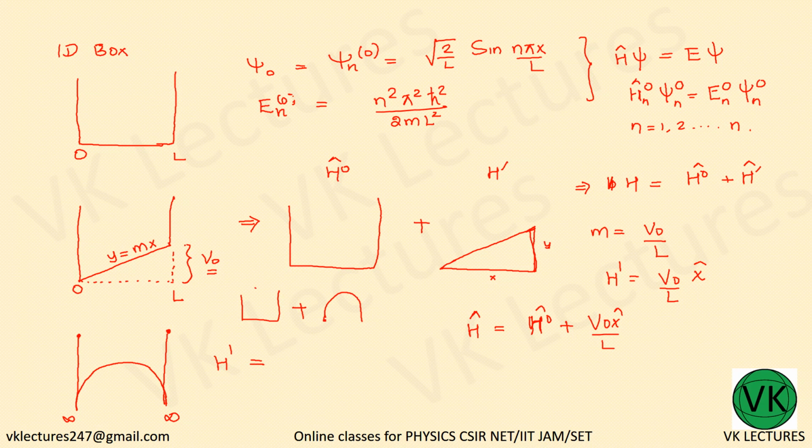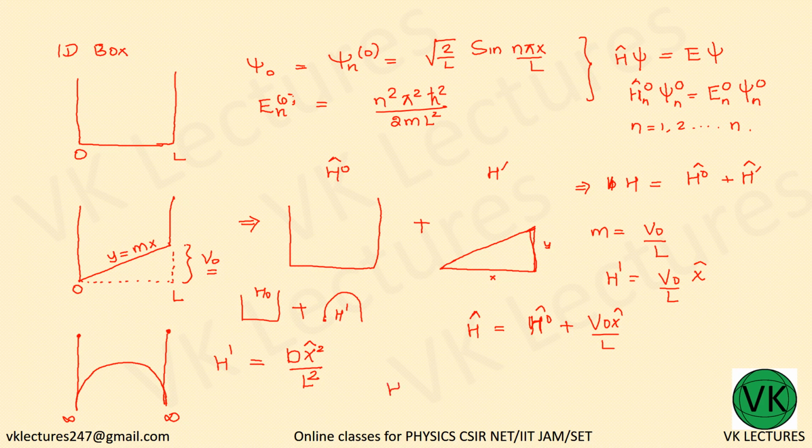So this is H naught, and what about this? This is H dash. So H dash has a value which is equal to some B times x square divided by L square, some random value.